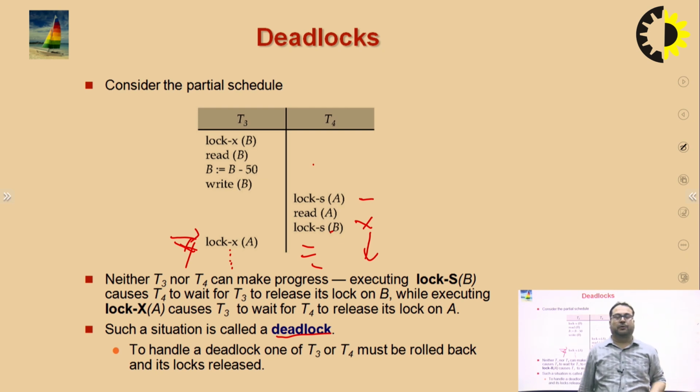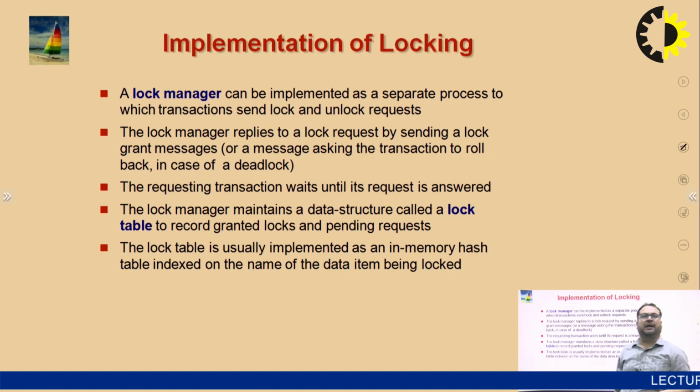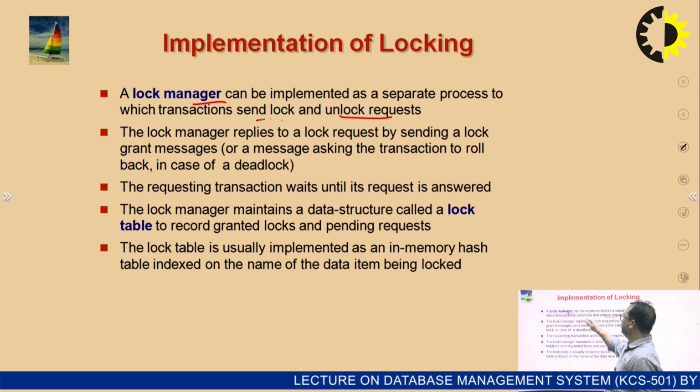To overcome this, we have another technique called the timestamp-based protocol, where we associate a timestamp with each transaction as well as with the data items. That protocol overcomes the deadlock problem. Now, this is the implementation of locking. We have a lock manager that can be implemented as a separate process to which transactions send lock and unlock requests.